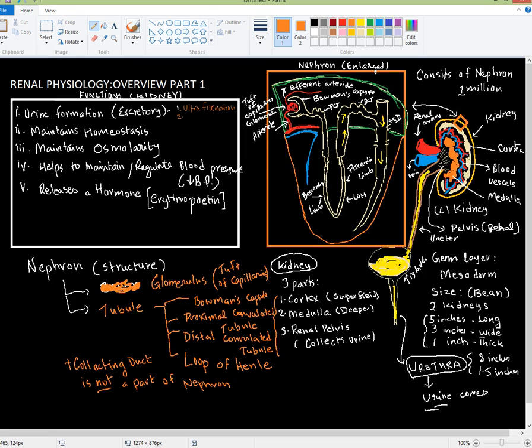And then selective reabsorption. Okay, and the third one is secretion.